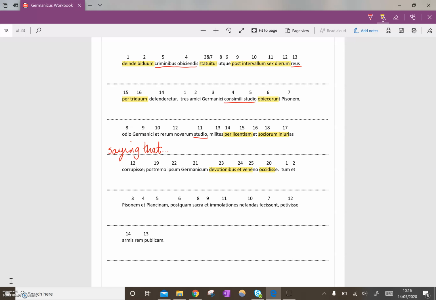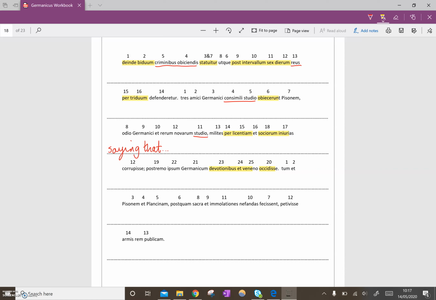So veneno there is the word that means poison, like venom in English. So finally, he had killed Germanicus himself with curses and poison. So we know about the curses. Those were all the weird things that were stuck in his walls that Piso is being accused of planting there. And then the poison is the suspected murder weapon, basically.